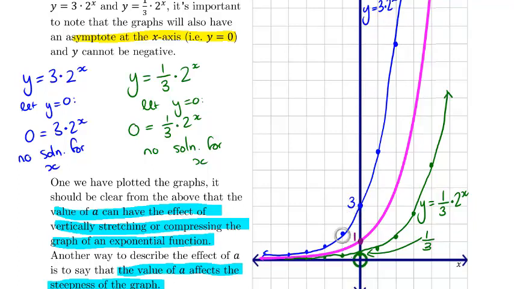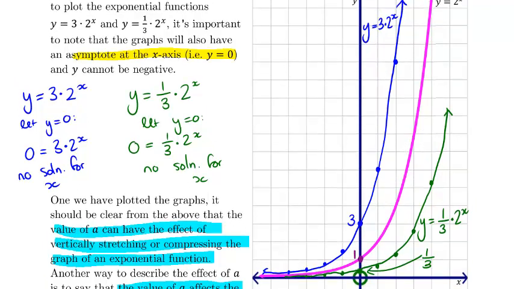And in this way, we can think about the a value as stretching or compressing. So the classic version is here. And when we made a equals 3, then the graph was stretched up to 3. But when we made a 1 over 3, it was squished, it was compressed down over there. And that counts for every single point on the function, guys.